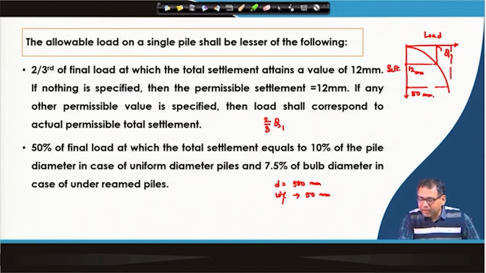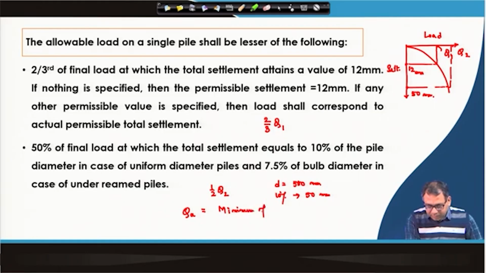Then this is the corresponding load. So, this is the Q2. We will get 50% of that Q2, so we will get half of Q2. So, the Q allowable will be the minimum of 2/3 of Q1 and half Q2.